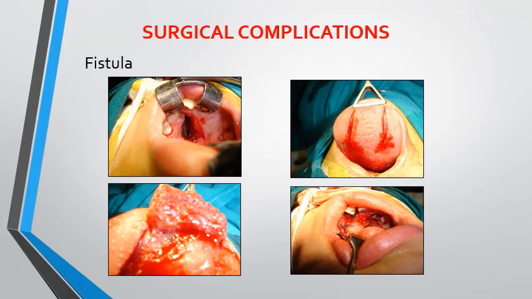A fistula, if developed after cleft palate repair, is a major problem because it will lead to regurgitation of fluids from the mouth to the nose. It will also lead to hypernasality of speech due to escape of air from the mouth to the nose.